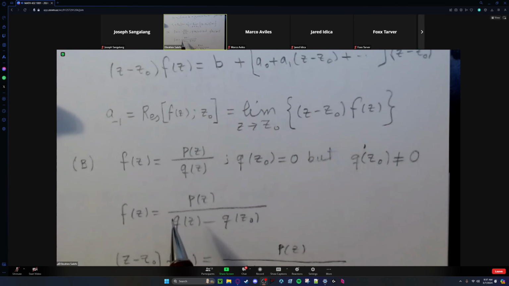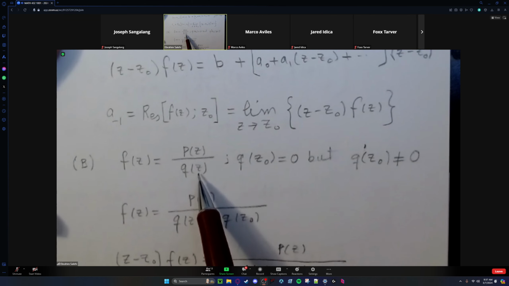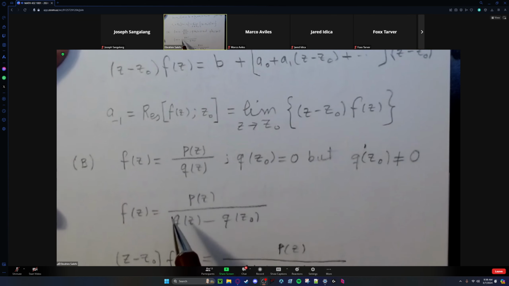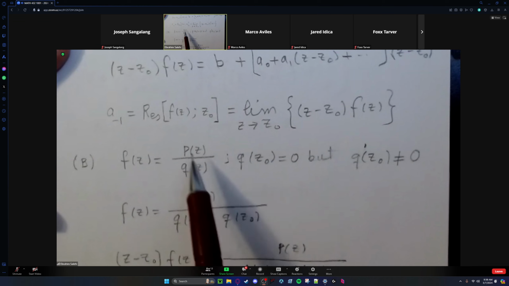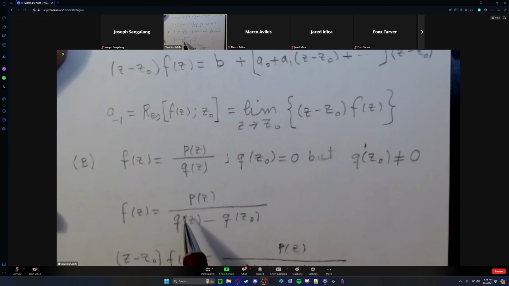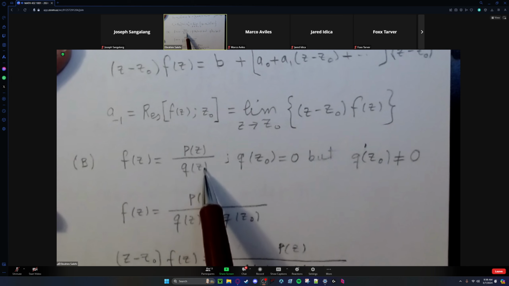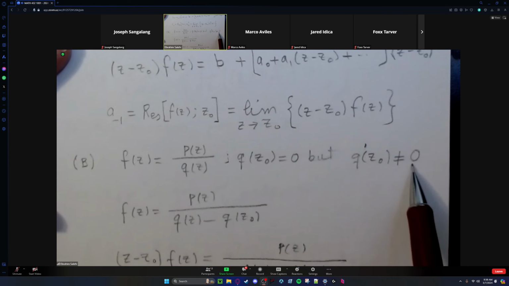This works especially when we are dealing with a rational function. So this is 0 at z naught, but that is not. And since it is a simple pole, the derivative of this is not 0 at that point.